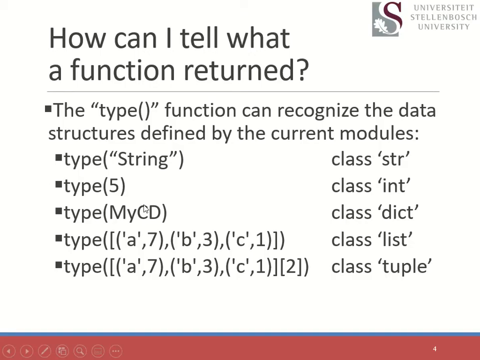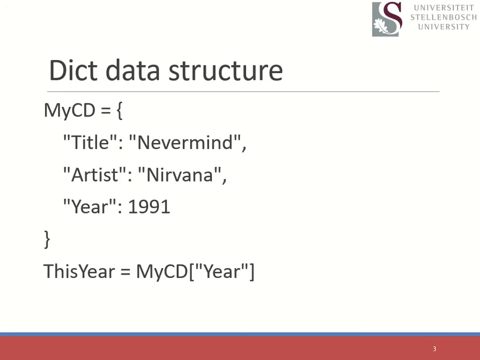But I would point out that we frequently want to deal with more complex data structures in this light. So if we had created the myCD object by the code that appeared in the previous slide, the software would report that it is a type dict, dictionary structure. Where does it say that this should be created as a dict? Does it say explicitly, I'm a dict?